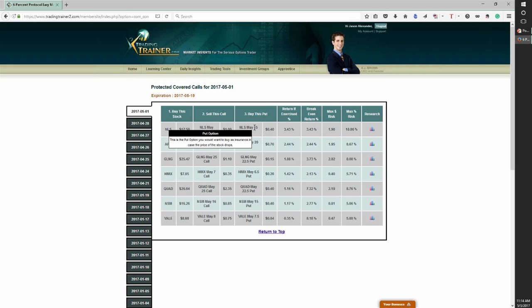Now we teach our folks, once you've got this list, how to screen it down even further. But that follows the same recipe: we want to make sure the patterns we're looking at first match the option trading strategy, not the other way around.